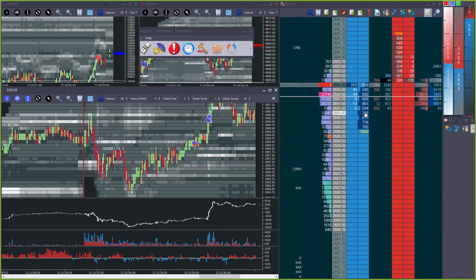Because CQG are the only ones that manage to keep in lockstep and never lag and never print on the wrong side. TT will print on the wrong side quite often. As you tick up, the trades feed, the level 1 feed, is saying one thing, but the bids and offers haven't caught up, so it prints on the wrong side.